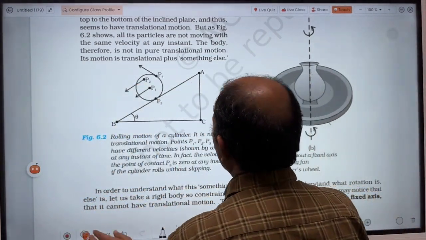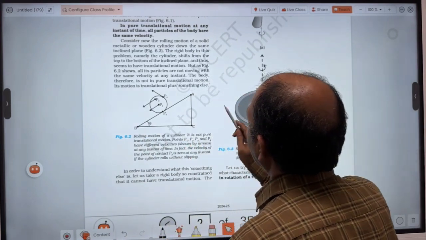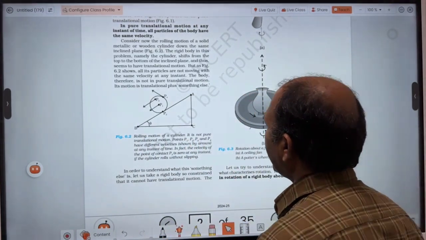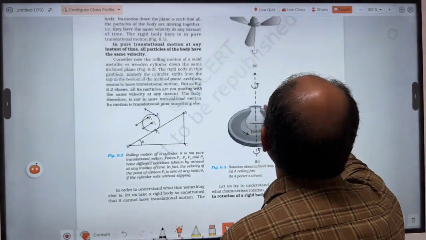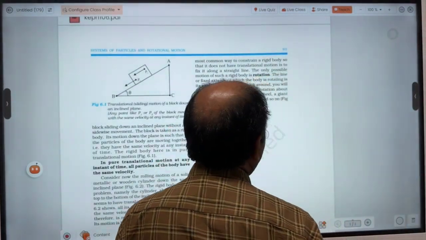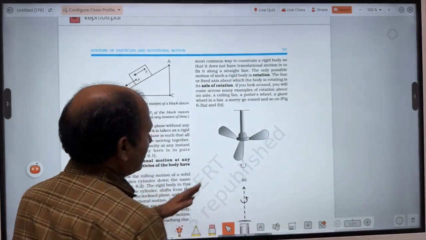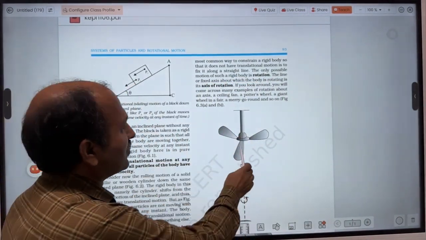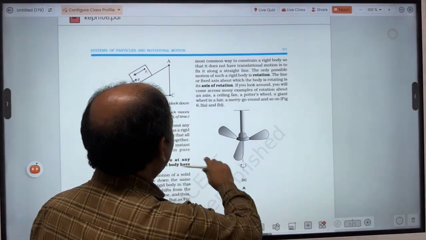So you can say there is translational motion and another type of motion, which is rotational motion. For rotational motion, there must be an axis of rotation about which the body rotates. Here a line is shown, and this is the axis of rotation about which it rotates.